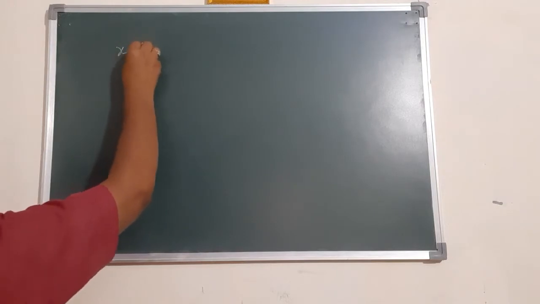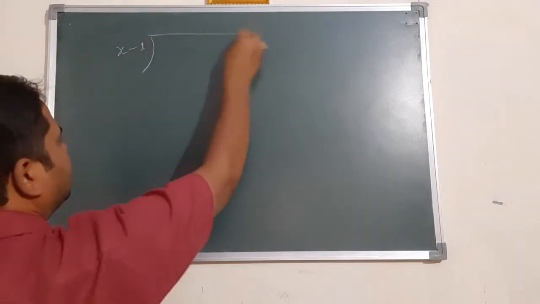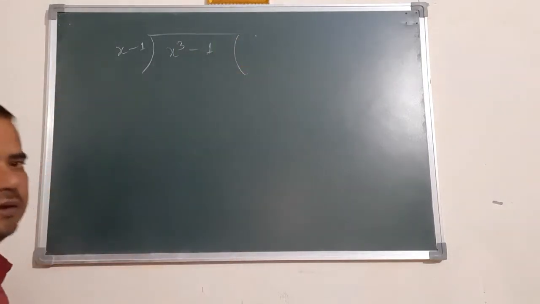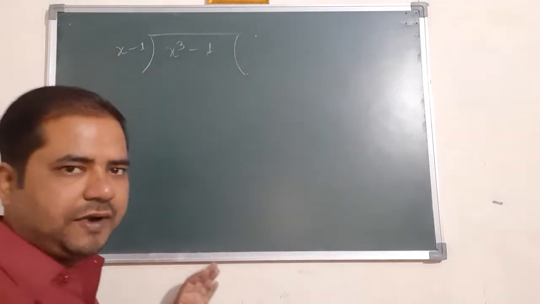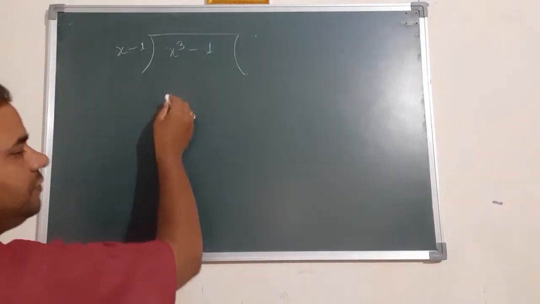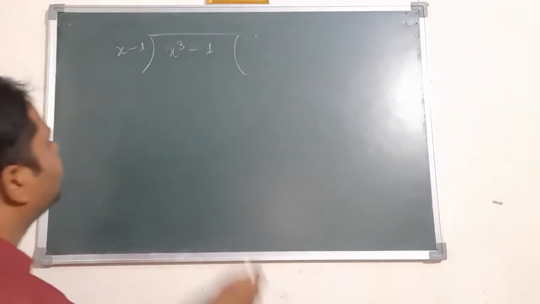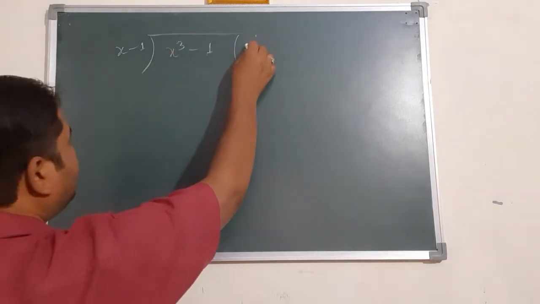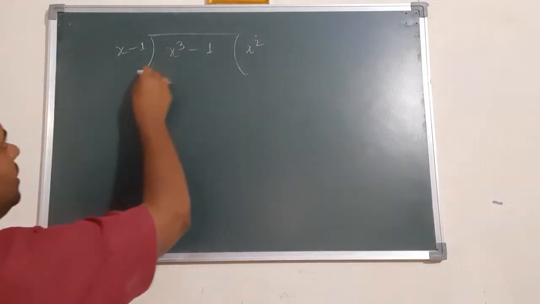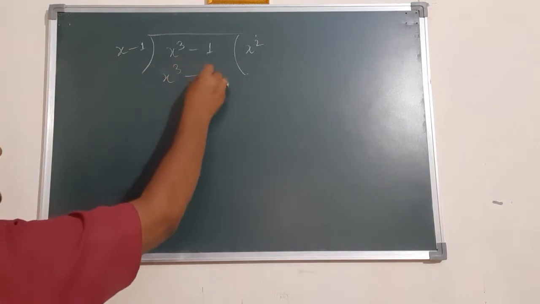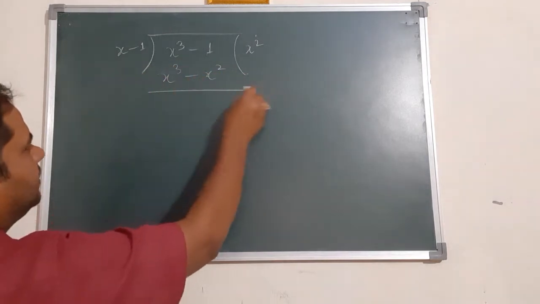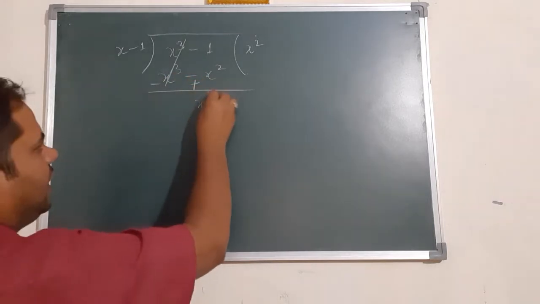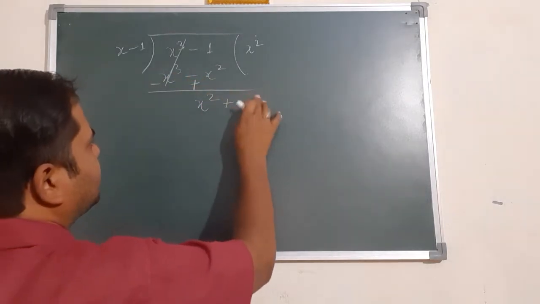Suppose x minus 1 is the divisor and x cube minus 1 is your given polynomial. So now divide it. For division, x minus 1, first of all x square, then this is x cube minus x square. So minus cancels out, plus x square, plus minus of 1.